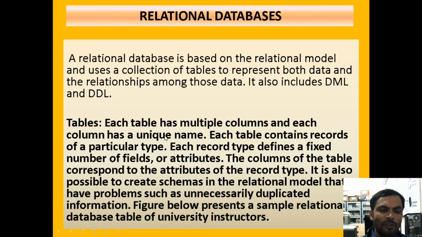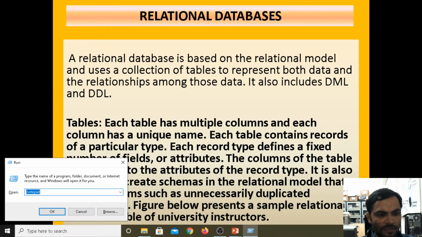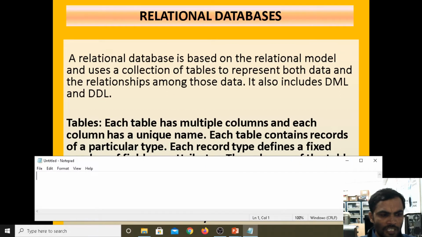For your understanding, since the Oracle software is not available on my system, take this as a table. Under the table, we declare column 1, which is a column or attribute.